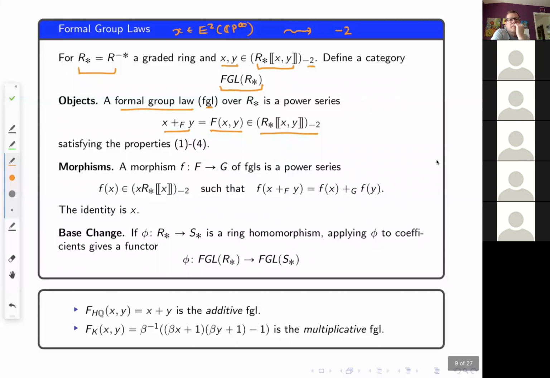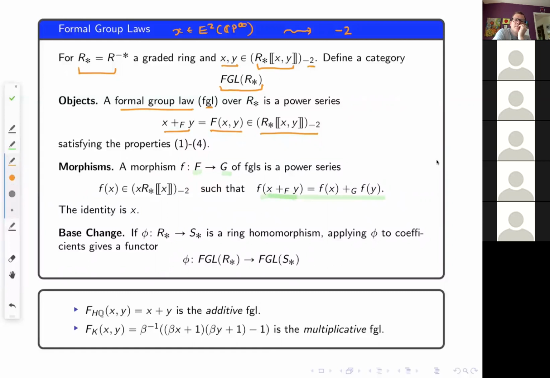Now I've got objects, so I need morphisms. For a second, just imagine that F and G are groups, okay? And that we have this nice slick notation of addition. Well, if you had a group homomorphism, this is what you would require, right? You'd require that applying F to a sum is the same as summing the results that you get, okay? Well, that's exactly what we're going to ask.